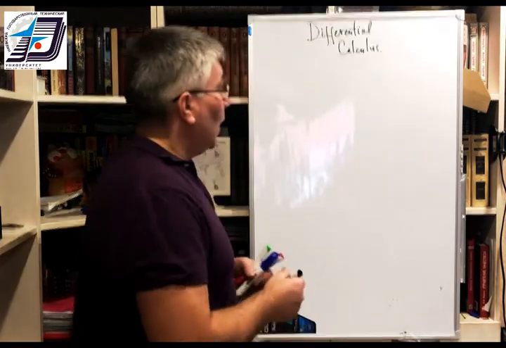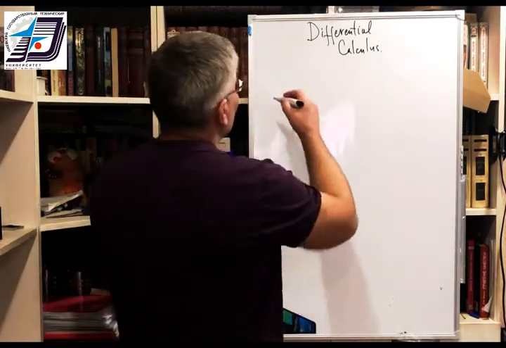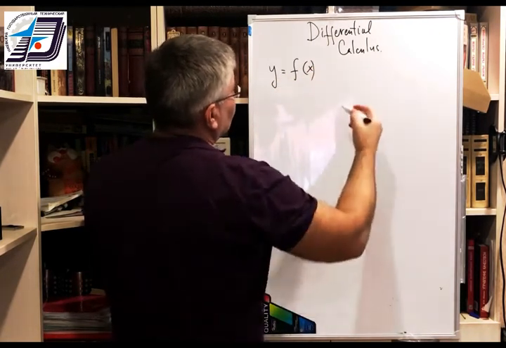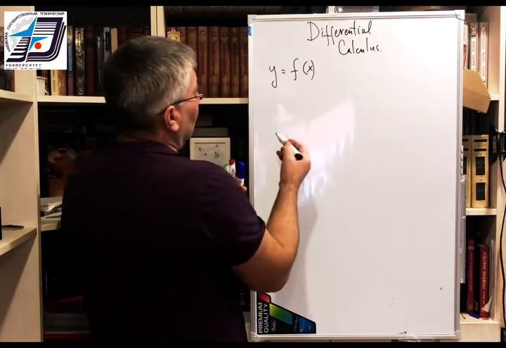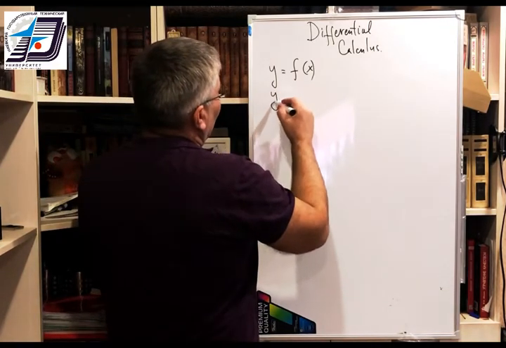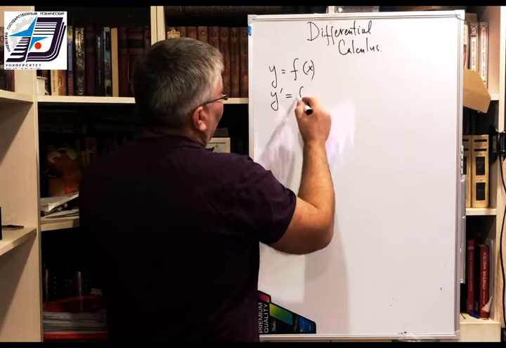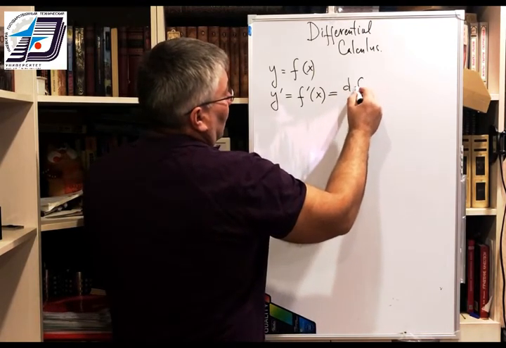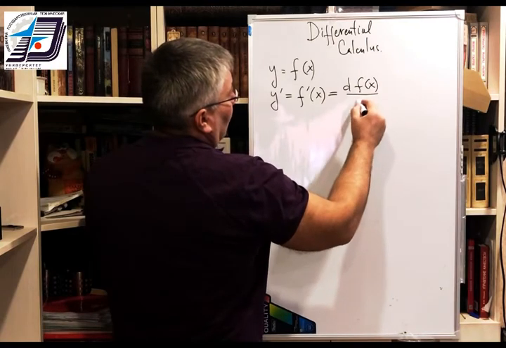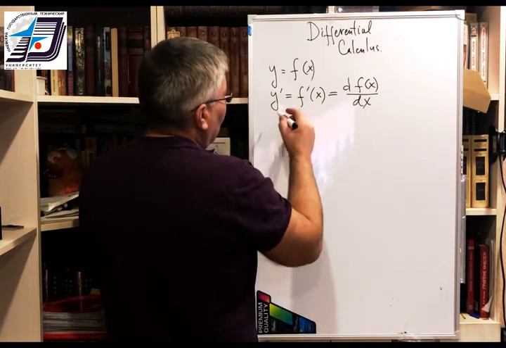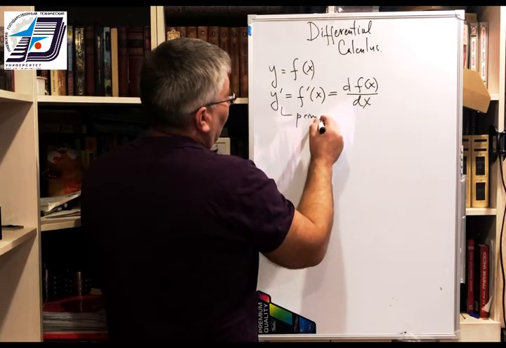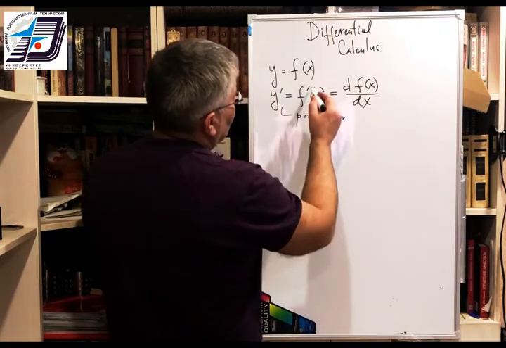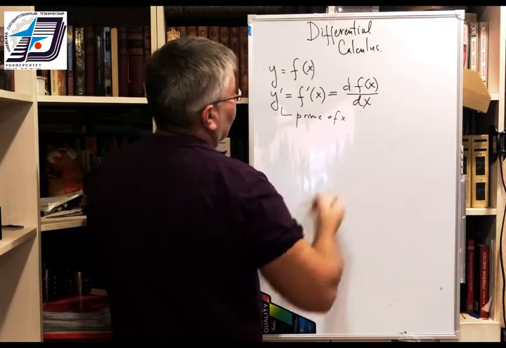Let me remind you the rules. If you remember, if y equals f of x is a given function, we denote the derivative of the function like y prime or f prime of x, or we can use this notation, df of x over dx.